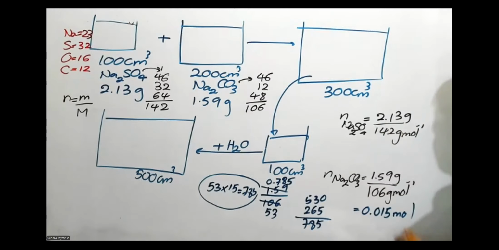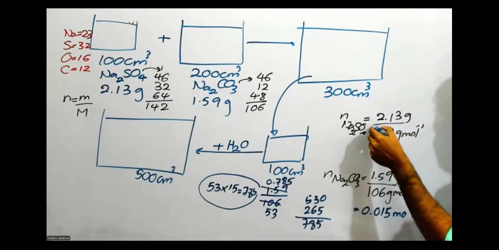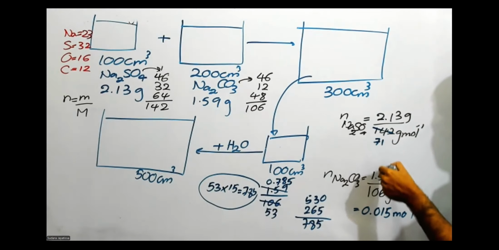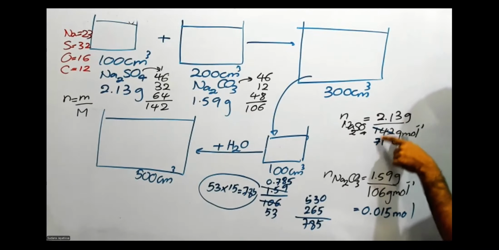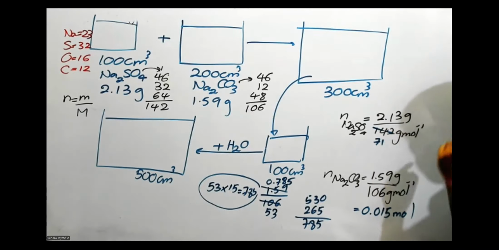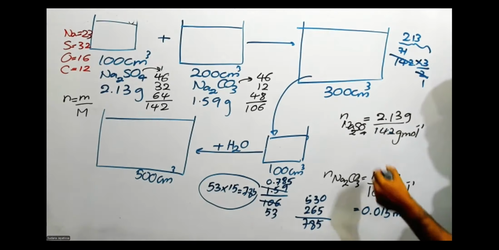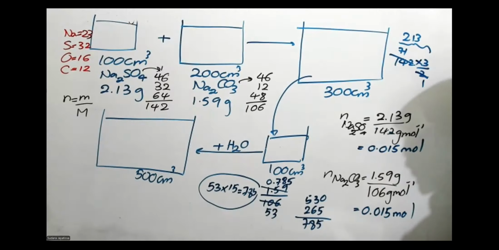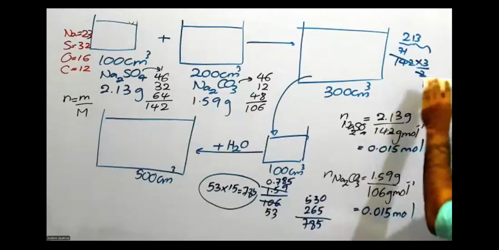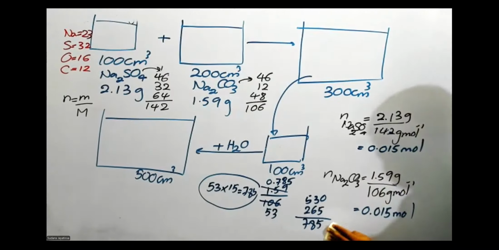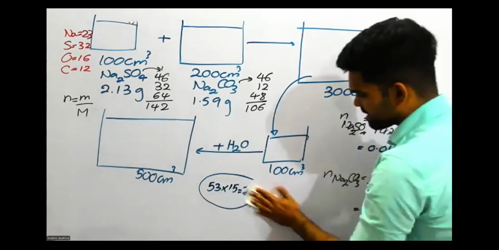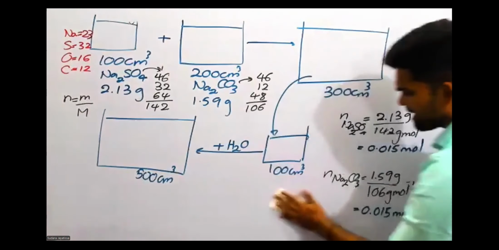And then let's do the same thing for sodium sulfate. We can divide by 2, so it becomes 71, and 213 is kind of divisible. So 0.015. From both compounds, you have this number of moles, and they have made it a little bit difficult with the simplification. It's not clearly seen as divisible, but however, we can divide and see.